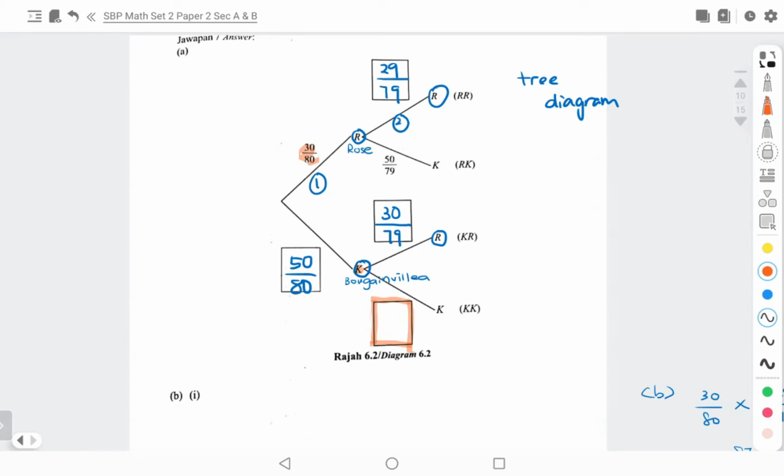Yes, Emily, correct? Others, you can try. You can send the answer in the chat box. What should we fill here?